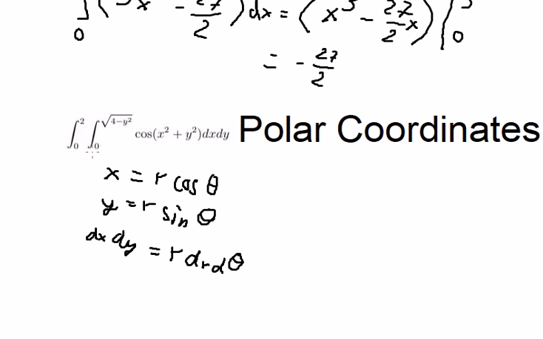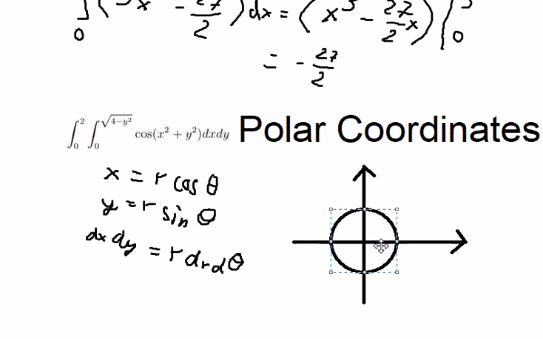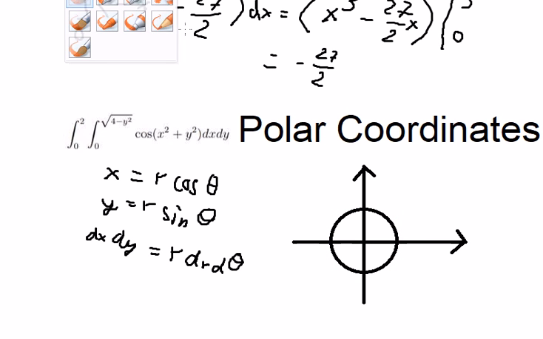If we look carefully at the bounds in here, that is from 0 to the square root of 4 minus y squared, and this is the circle, and we need to wrap in here. This circle is x squared plus y squared equal to number 4, so the radius is number 2.